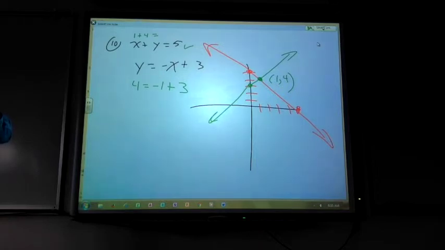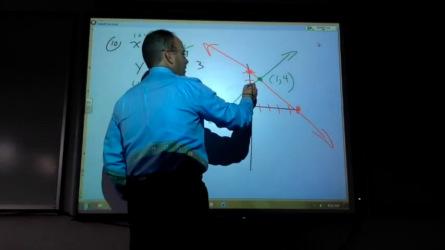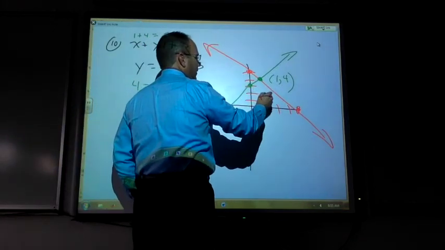Anyone see what I did? Oh. What's wrong with the green line? Other than crooked. It's green. Came here, should have went down 1, right 1.